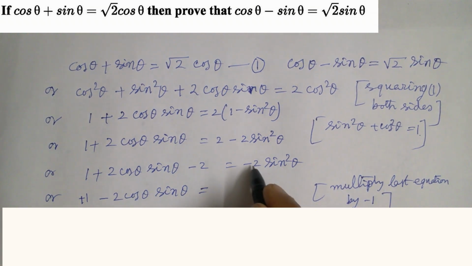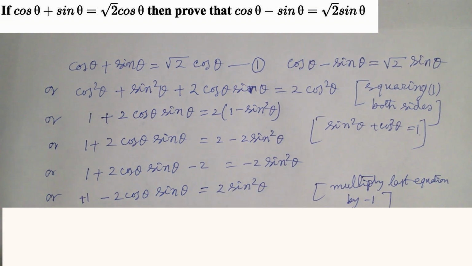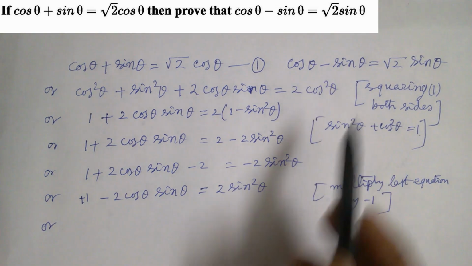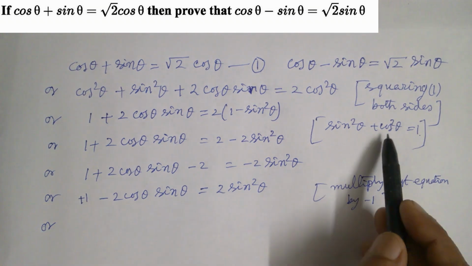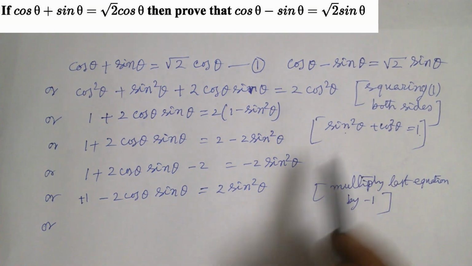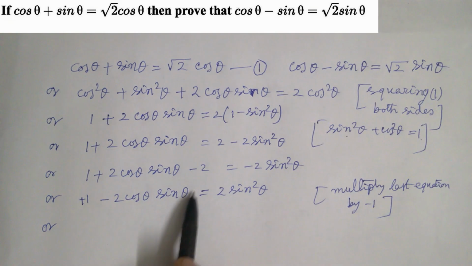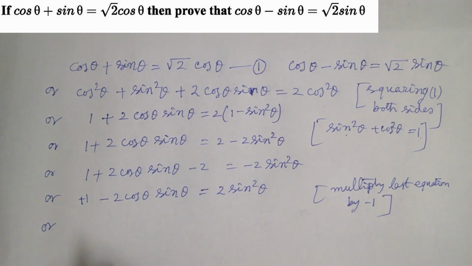Now whenever multiplied by minus 1, we get positive 2 sin square theta. We have to get cos theta minus sin theta. So if we write again 1 is equal to cos square theta plus sin square theta, it can be reduced to cos theta minus sin theta whole square.